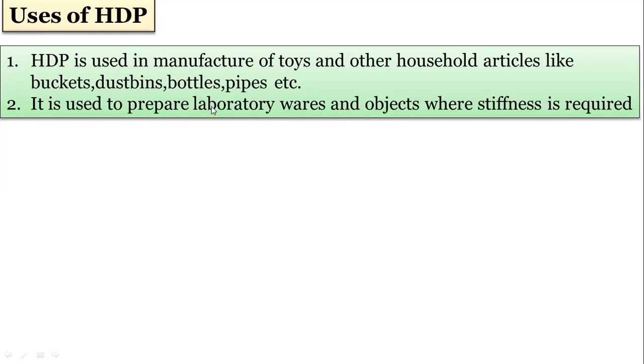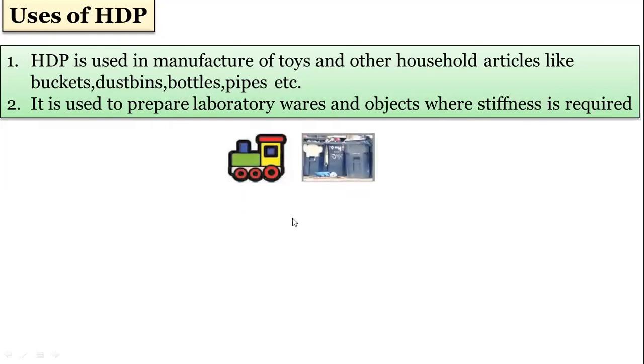In our chemistry laboratory, many instruments are prepared with high density polythene, for example conical flasks, beakers and measuring cylinders. All these are made of high density polythene. See here, one example is given. These are toys and dustbins.